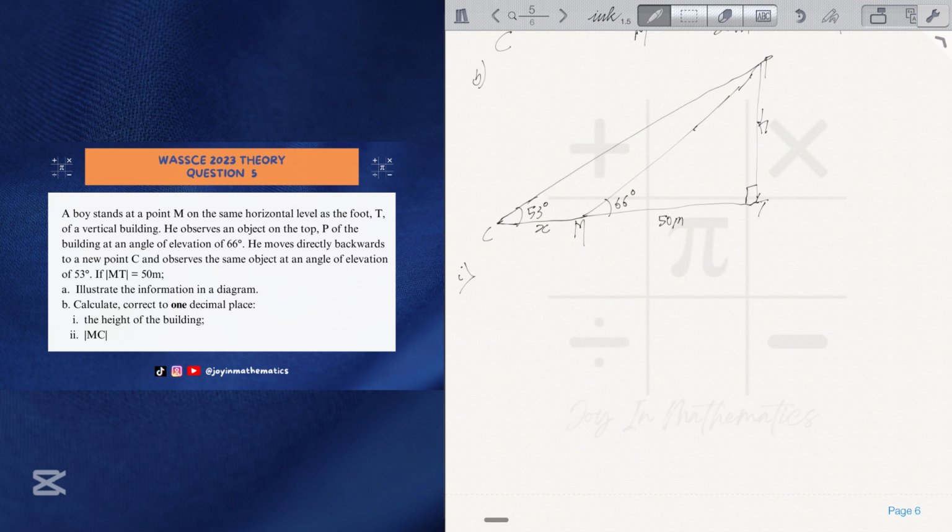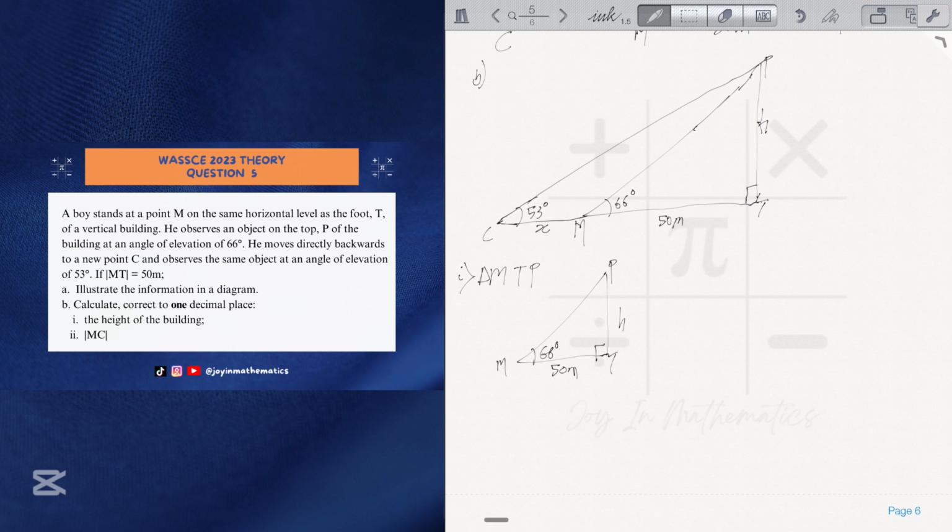To evaluate height H, we have to consider triangle MTP. So we are considering right angle triangle MTP. Once we consider it, we will have point P and M, angle 66 degrees, and height H with a base of 50 meters.